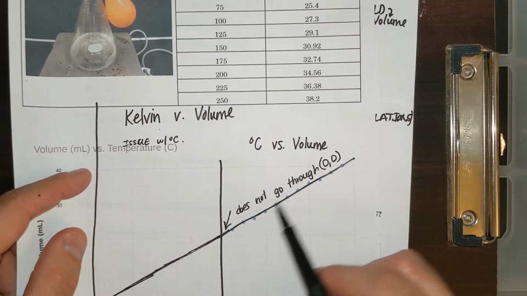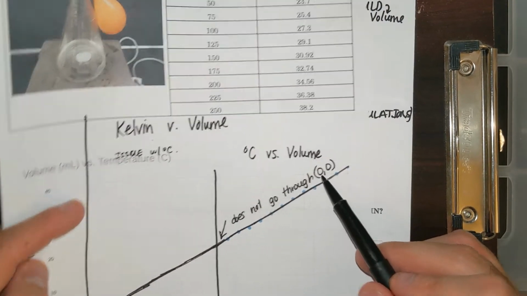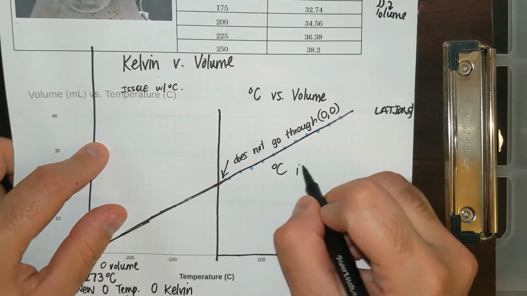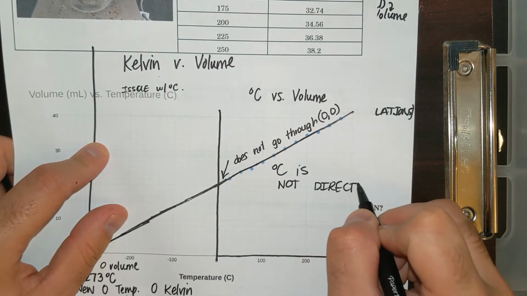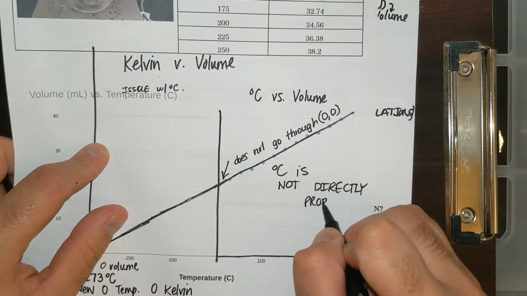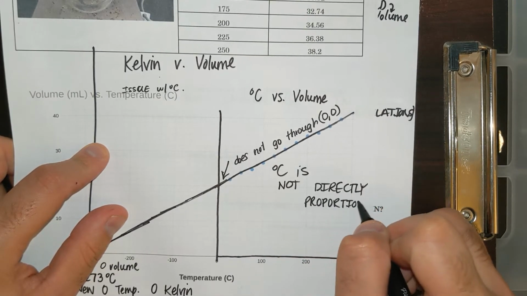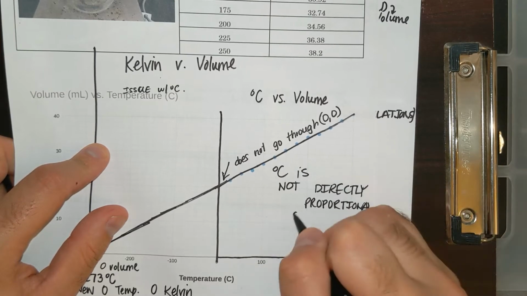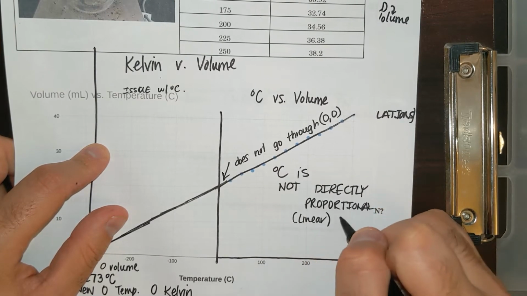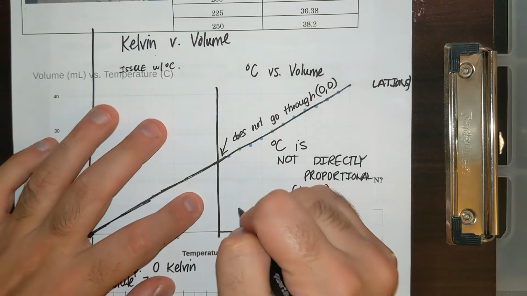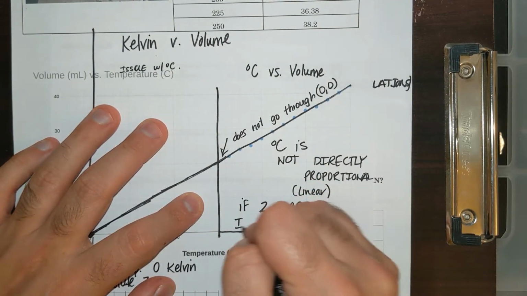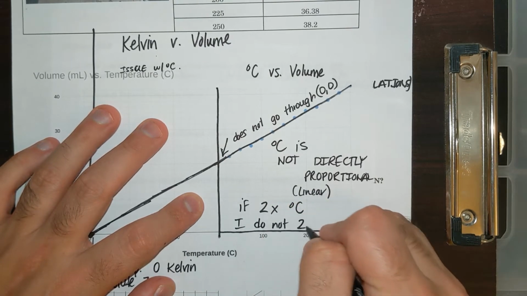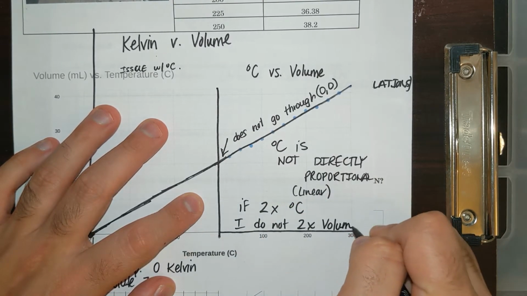If I look back at the graph, degrees Celsius increases and decreases linearly, but it's not directly proportional. It's linear, but it's not directly proportional. If I double my temperature in degrees Celsius, I do not double my volume.